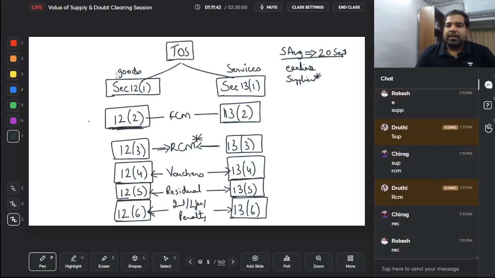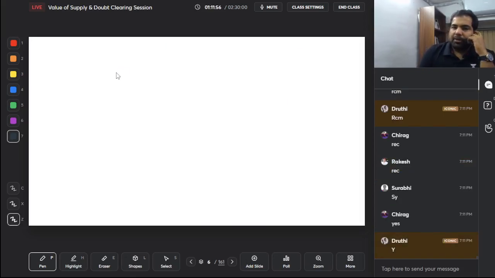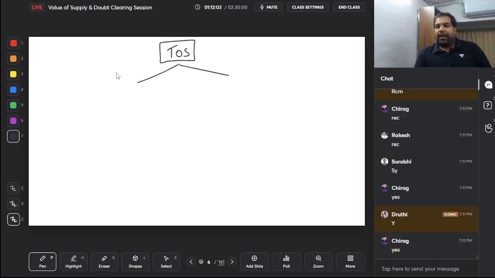In all these cases guys, do we have different sections for goods and different section for services? Yes. And that is your chapter. I'm going to recap this chapter here with your contribution guys. Whenever you want time of supply guys, which two sections or which time do you see in your watch?